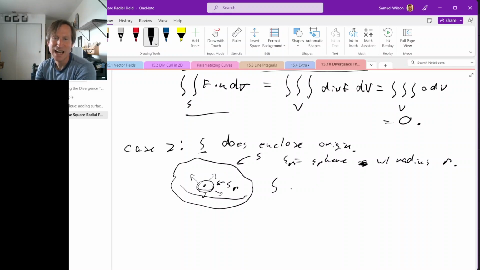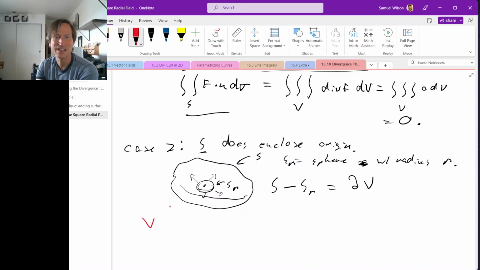So if we take S minus S sub r, normally we orient this S sub r outwards. The point of this minus sign is to orient the interior sphere inwards instead of outwards. S minus S sub r is the boundary of a volume now, the volume in between.